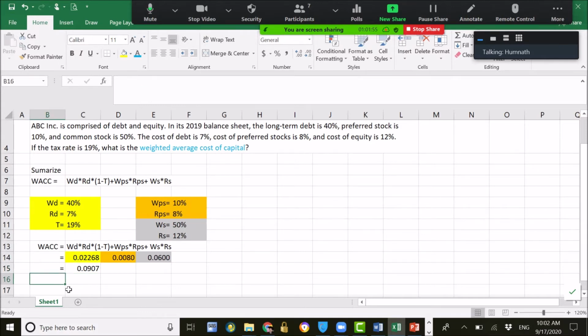In other words, equal, so let me put this one down. Equal that number, but you format it as a percentage. You don't have to do this long, but I'm just showing you step by step. So this is the answer for this question.